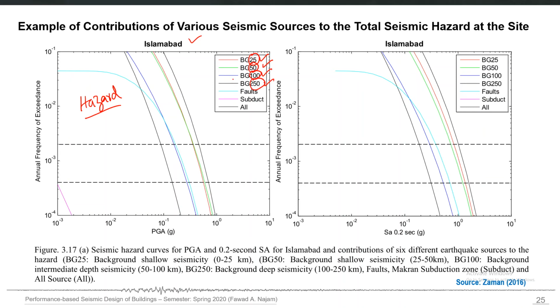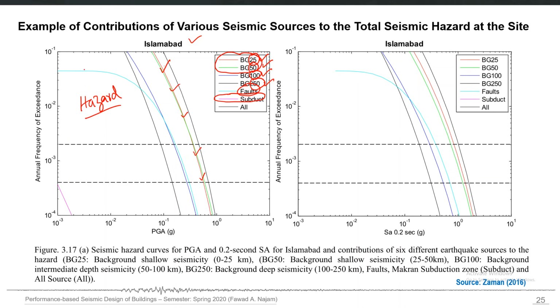All of these lines are the background seismicity, which means the area sources, the blue line is the crustal faults, and similarly this line is for the subduction zone. You can see here for Islamabad, most of the contribution is coming from BG25 and BG50, these two area sources, because they have the highest annual frequency of exceedance for different PGA values.